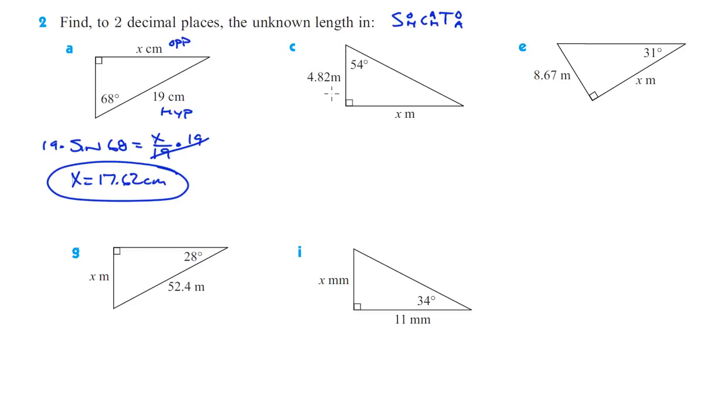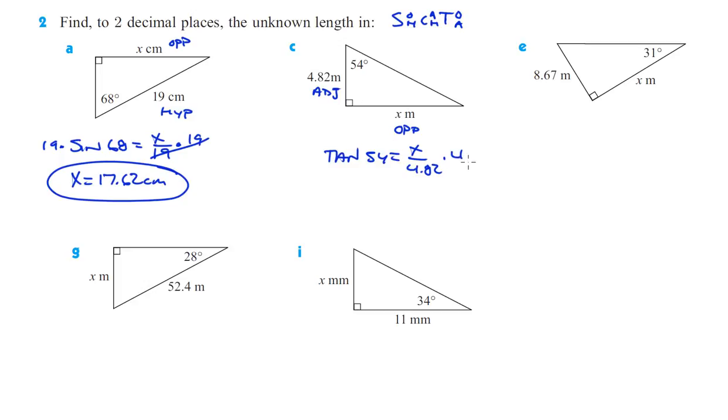Okay, let's move on to C here. Here's our angle. From that angle, this is the opposite, and this is the adjacent. So opposite and adjacent is tangent. So I'm going to do tangent of 54 equals opposite, which is x, over adjacent, which is 4.82.